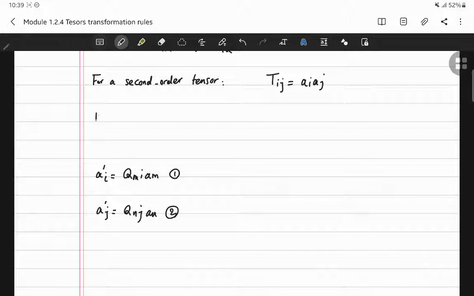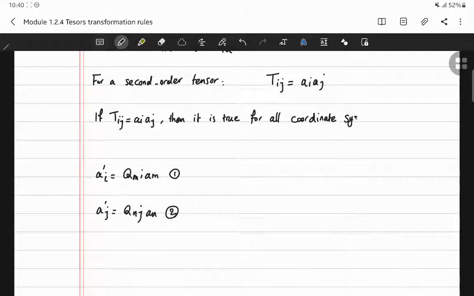So if T_ij is equal to A_i A_j, then it is true for all coordinate systems.